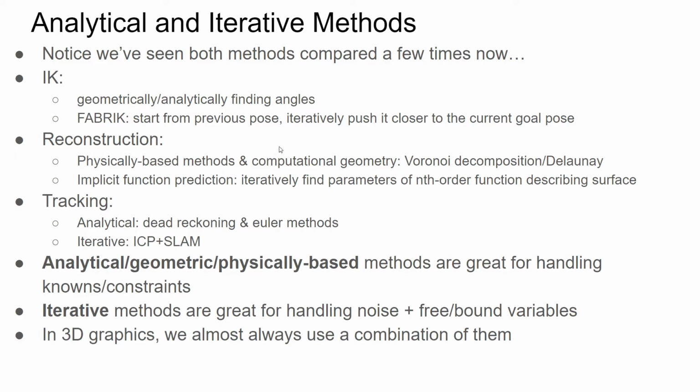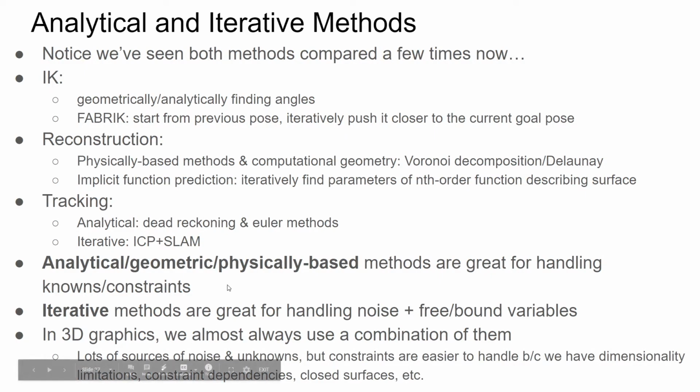In 3D graphics, in almost every context, we'll use a combination of them. Those tend to be the most stable solutions that you'll find in papers, because we have a lot of sources of noise and unknowns, but in 3D graphics, we have a lot of constraints that are easy to handle because we have only a certain number of dimensions, which isn't necessarily true in machine learning.